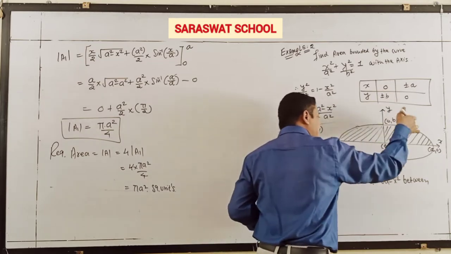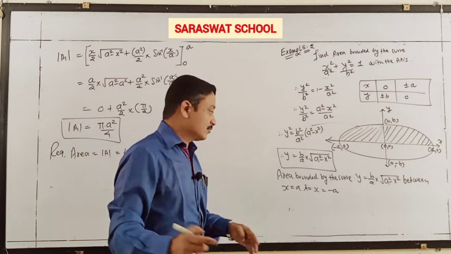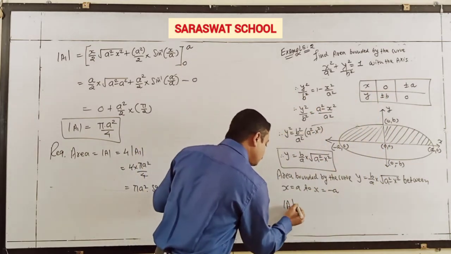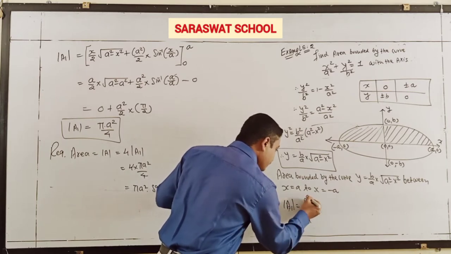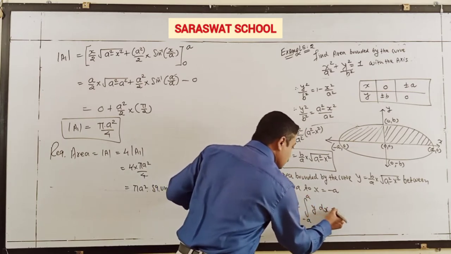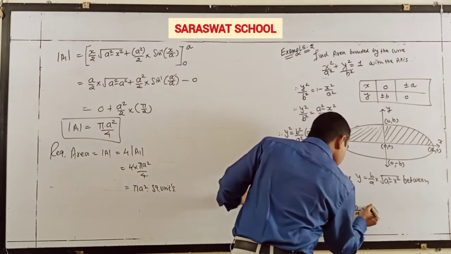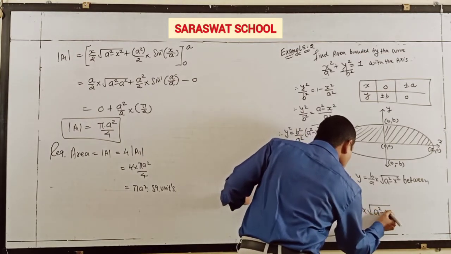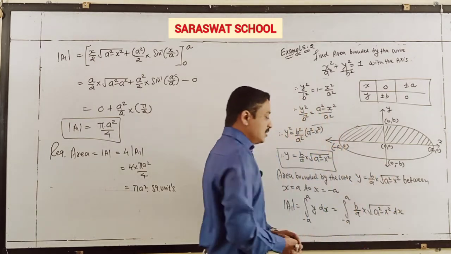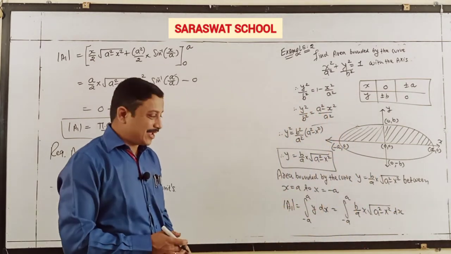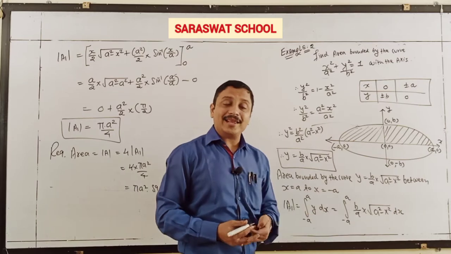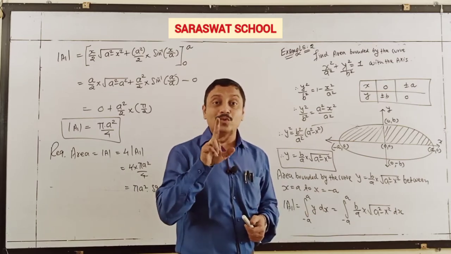It means this and this I both cover. This is the integral from minus a to a of y dx. So from minus a to a, what's your y? B by a under root a square minus x square. Take b by a separate, and minus a to a, can I write 0 to a, 2 times?